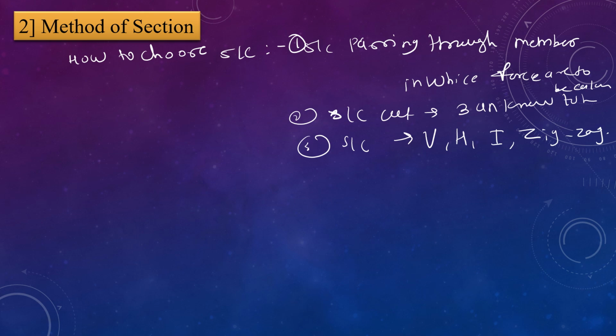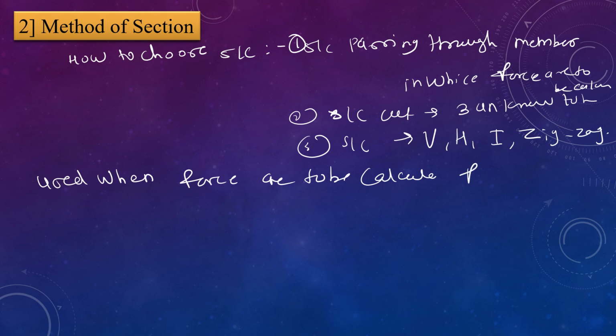This method of section is used when the forces are to be calculated for some members or one member. For one member or some members you can use the method of section.